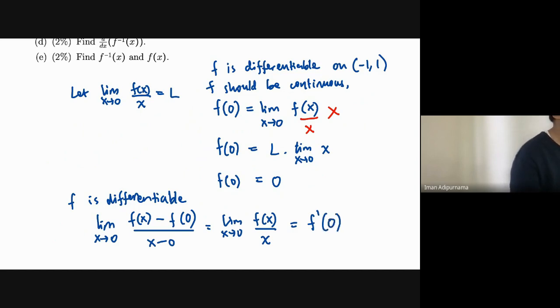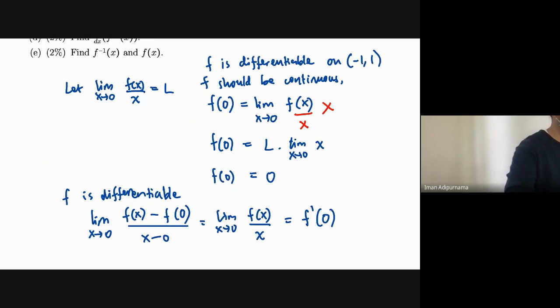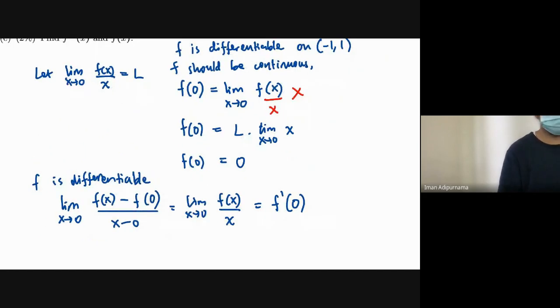So the limit of f of x over x is actually our derivative, if we look at the limit definition, and we already arrive at the conclusion that f(0) is 0.